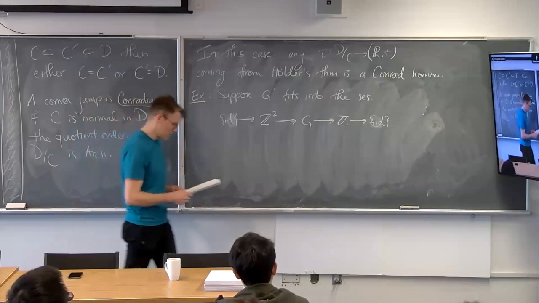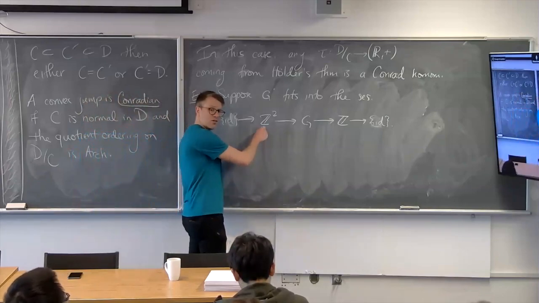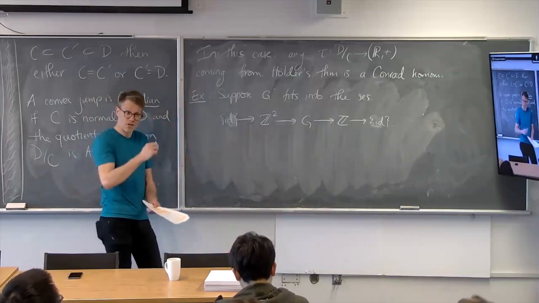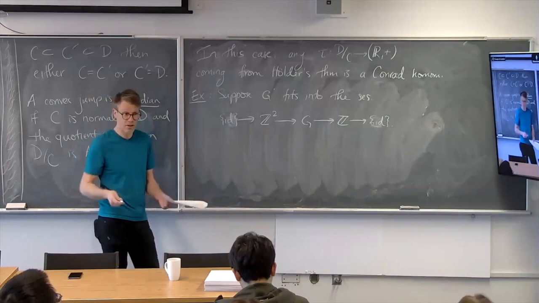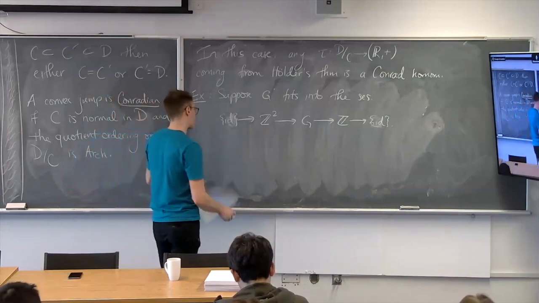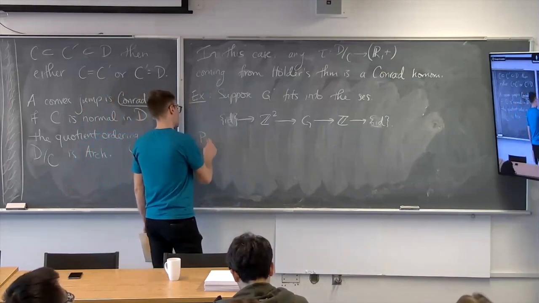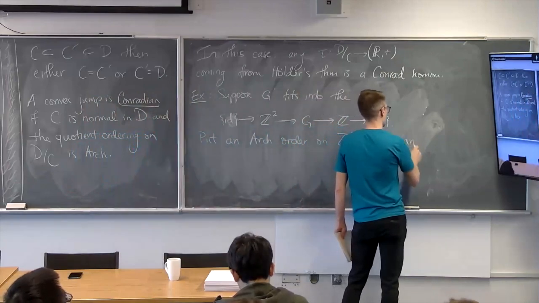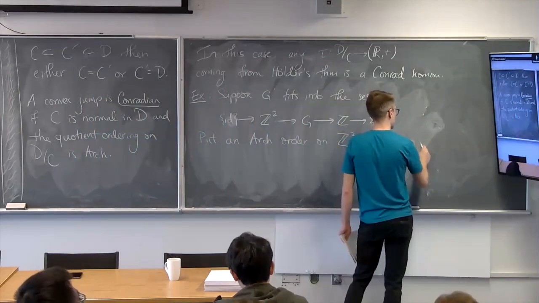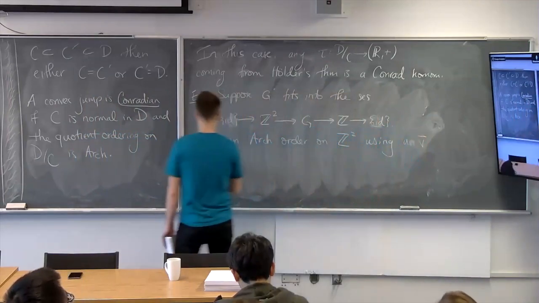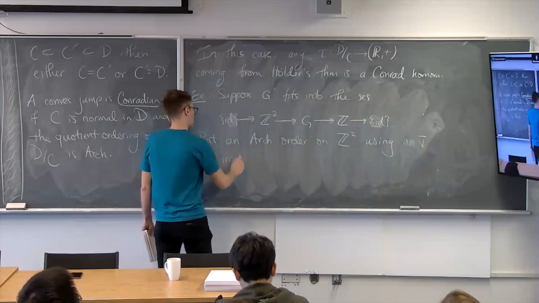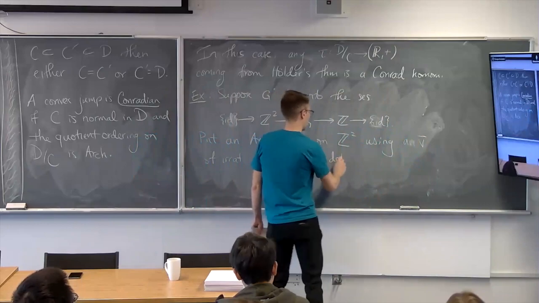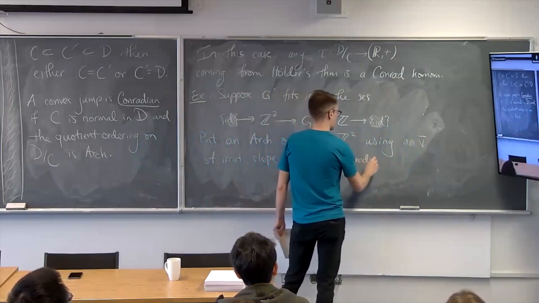Okay, and now what I want to do is put an Archimedean ordering on here. And the way to create those orderings is, for instance, the example I did in the first lecture, where you choose a vector of irrational slope and then you look at dot products. So put an Archimedean order using a vector V of irrational slope, and the dot product, as in the first lecture.